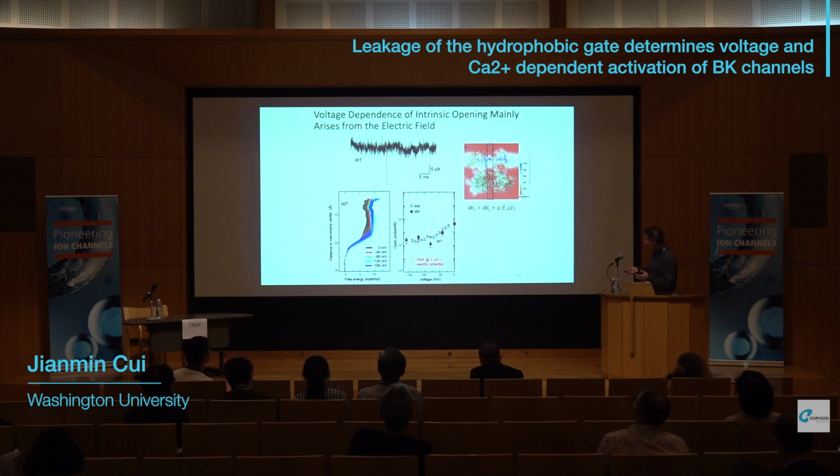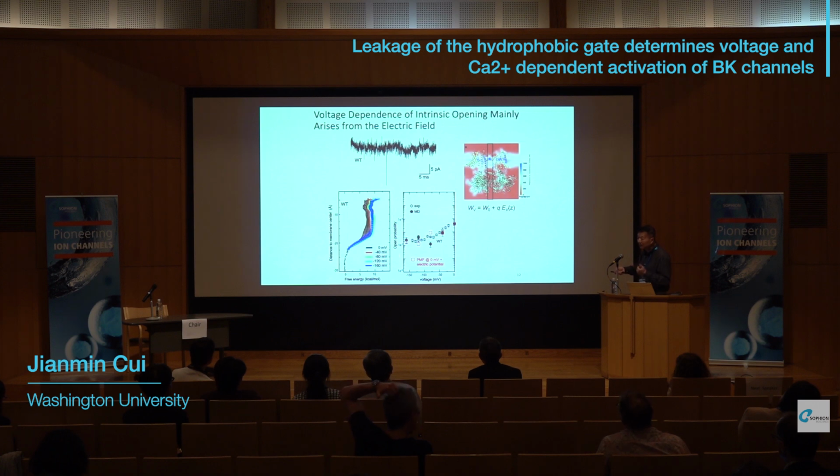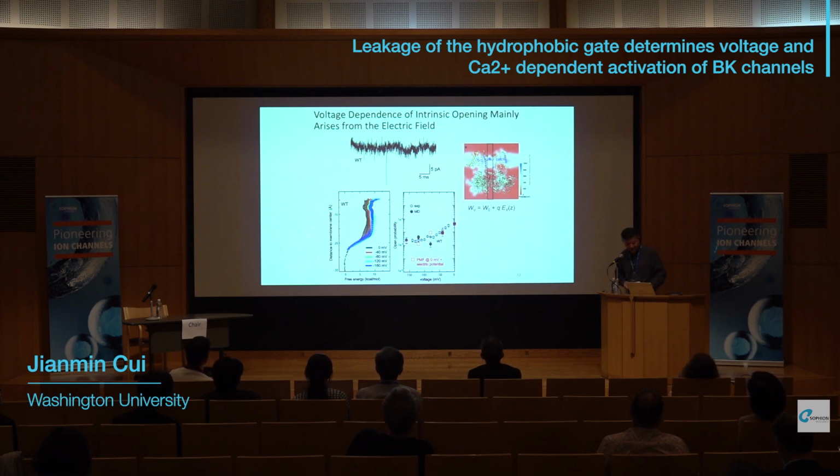And this was also done with another method, that is to just use the energy profile for a potassium ion to go through at 0 millivolt, and then we add voltage to the system, and then calculate how the current will be dependent on voltage, and that actually gives rise to some voltage dependence, as we saw in the experiments. So those two methods both come up with something that is quite similar to what we observed in the experiments.